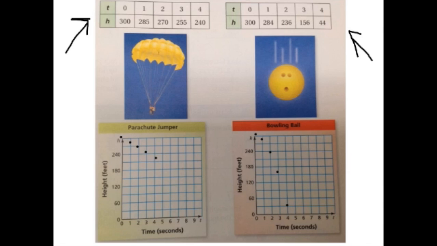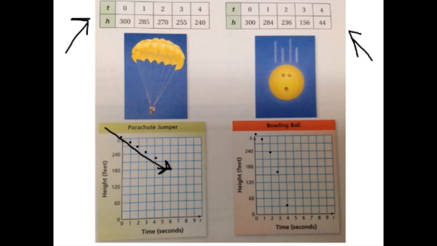And if you take a look, I want you to notice on the parachute jumper, do you see that this is really a straight line? It is a negative slope, but it is a straight line. It's going at a regular interval. Now, this is considered linear, all right? When it's non-linear, you do not have a straight line.